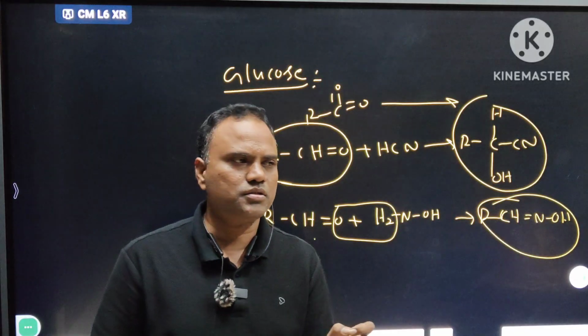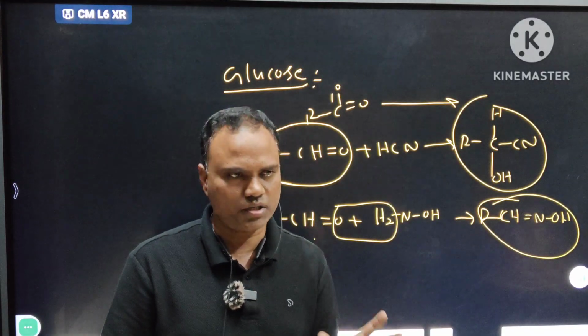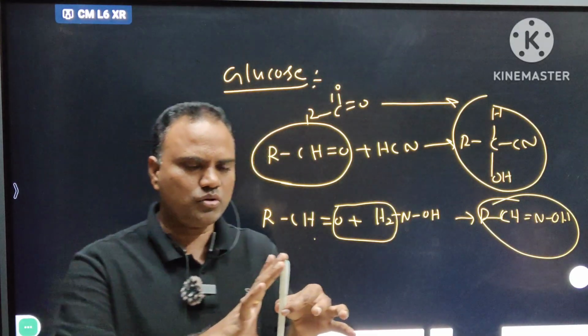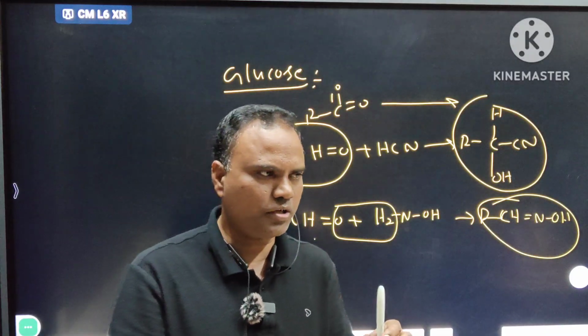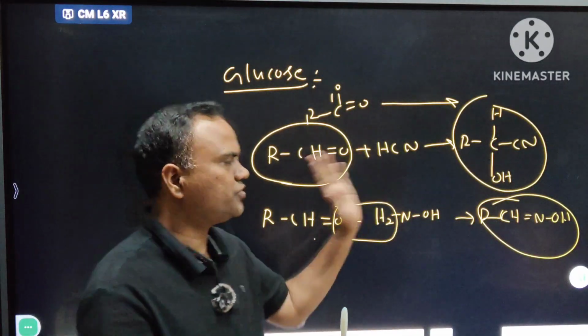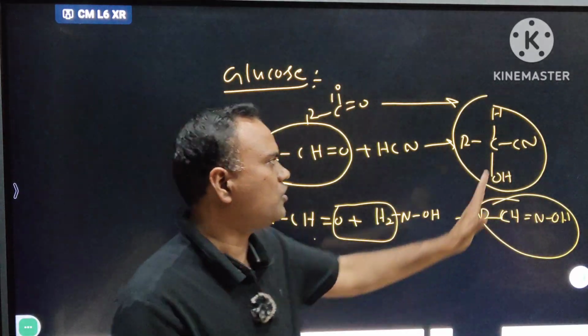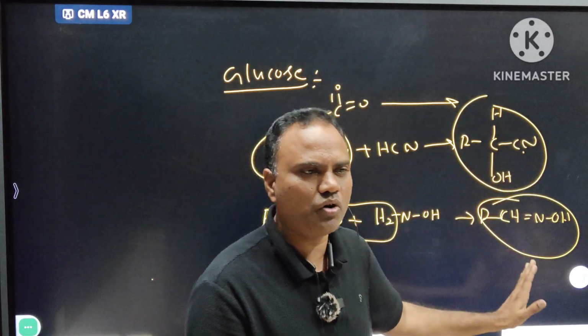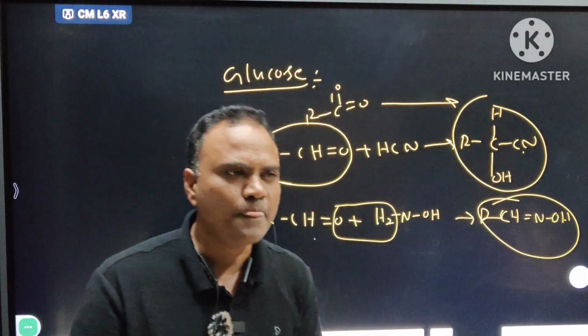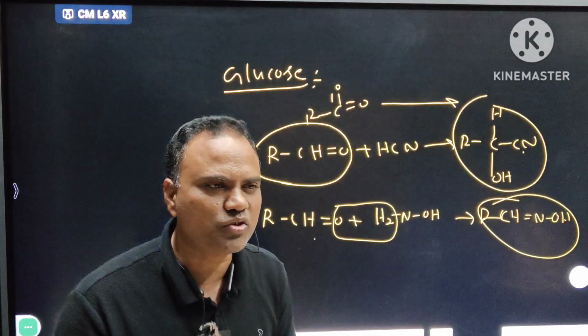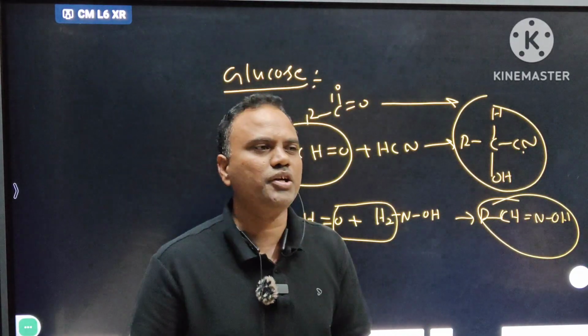That is the key, okay, the key point for us. Glucose is given to us. We treated glucose with HCN, we treated glucose with hydroxylamine, and we got a cyanohydrin and an oxime. Means in glucose, which functional group is present? Either aldehyde or ketone. We don't know.